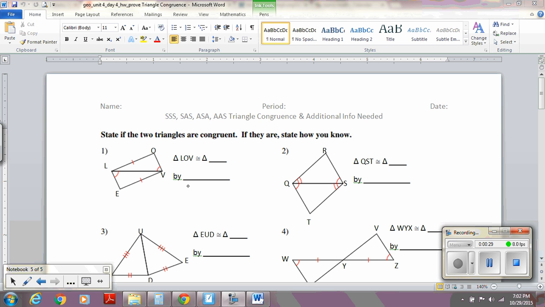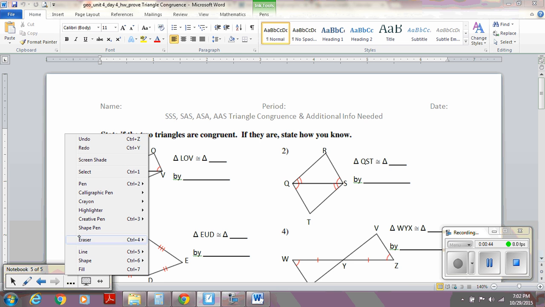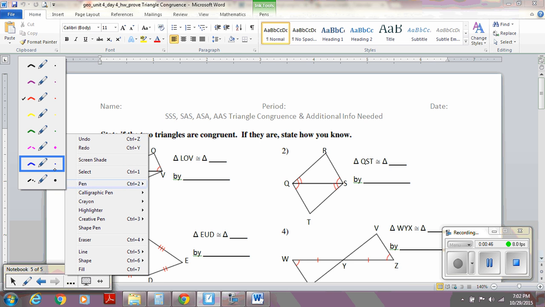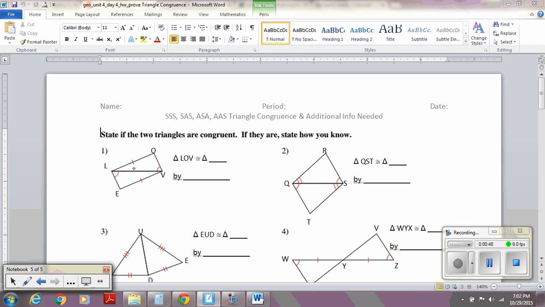So for problem 1, it wants to know if triangle LOV is congruent to the other triangle. So when I look at this triangle, I do know that they share a side, side LV.